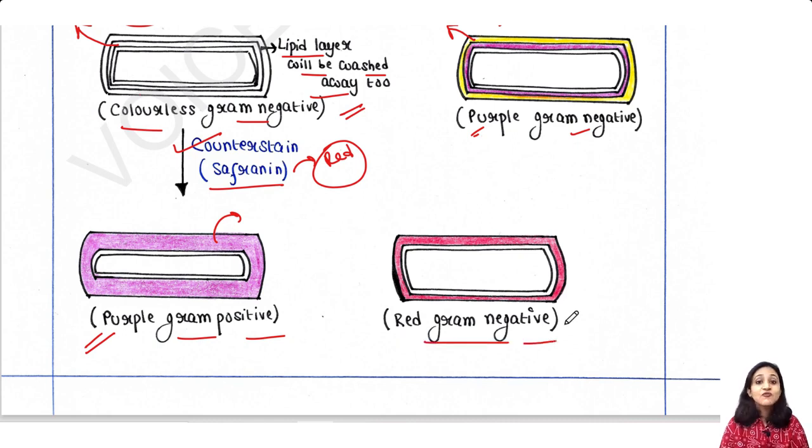Gram-negative cells, which are colorless and transparent, will take up this safranin stain and will look red. So if you observe these two cells under the microscope now, the gram-positive cells are purple and the gram-negative cells are red. That is the difference between gram-positive and gram-negative cells.